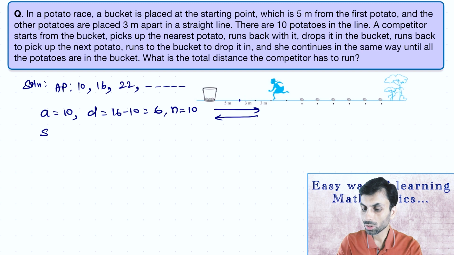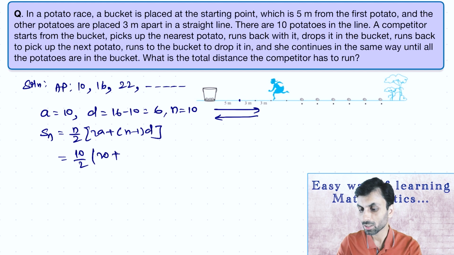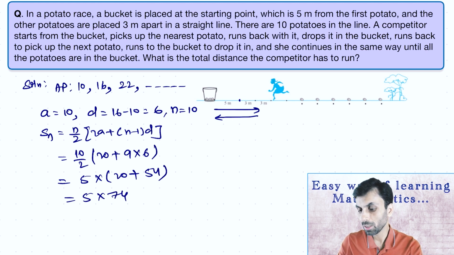So we'll find Sn, which is n by 2 into (2a plus (n minus 1) into d), which is 10 upon 2 into (2 into 10, 20, plus 9 into common difference 6), which will be 5 into (20 plus 54), that is 5 into 74, which equals 370.